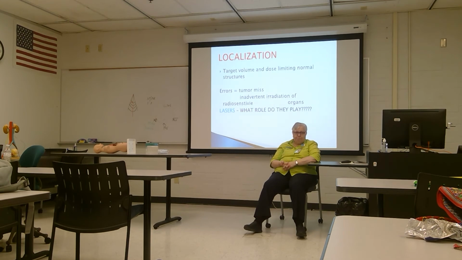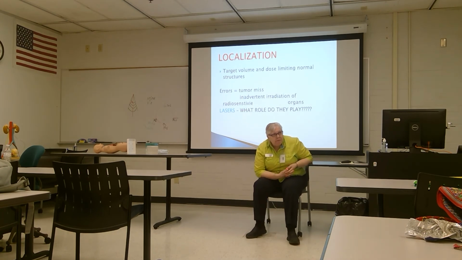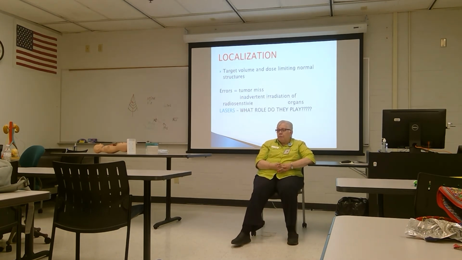Usually it's 1 millimeter. Occasionally you'll get 2. But most physicists prefer 1. So if they're out, then you call the physicist. Because when you think about it, your whole positioning, your whole setup, your whole treatment depends on the accuracy of the lasers.